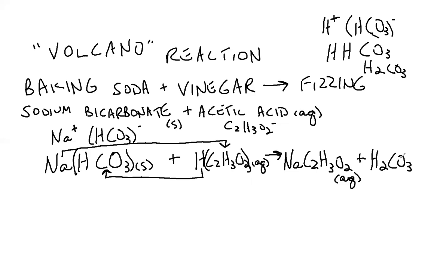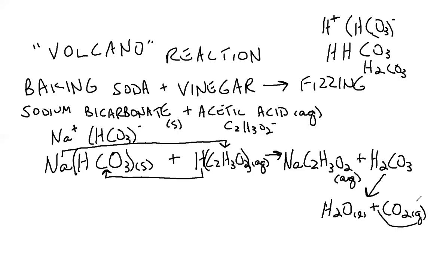So we get H2CO3. Now, we just learned that H2CO3 breaks down in a decomposition reaction, and that happens at room temperature. So as soon as this is formed, it's going to break down into H2O, liquid, and CO2, gas.